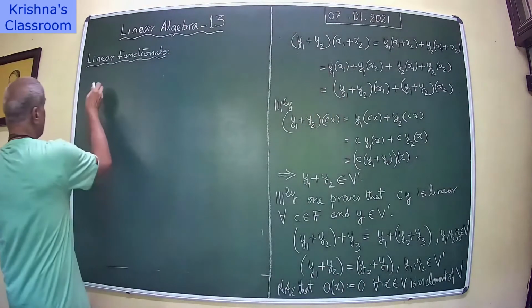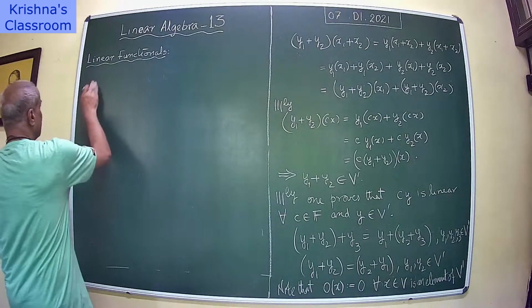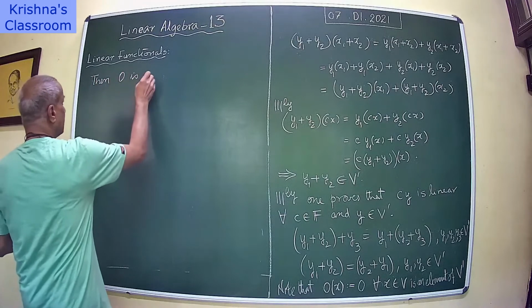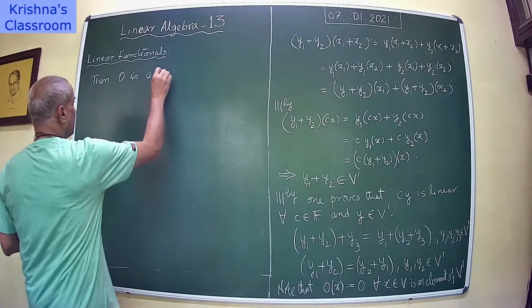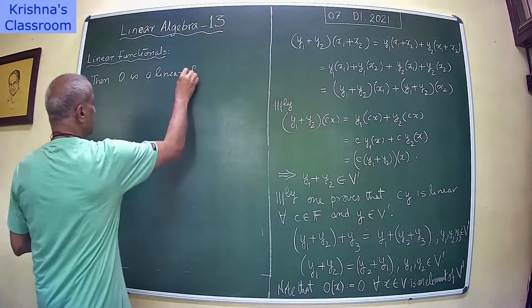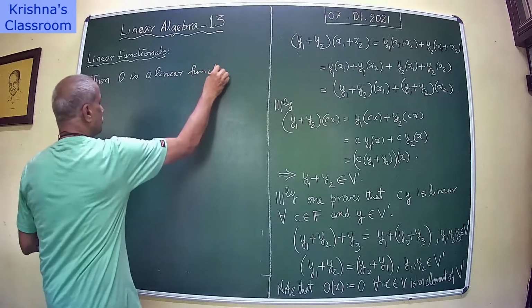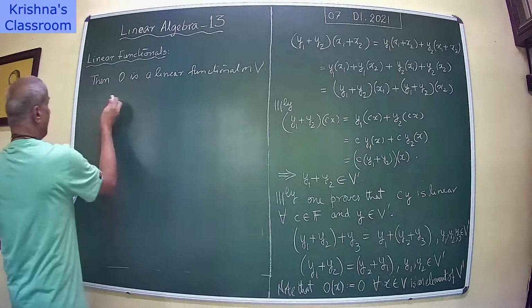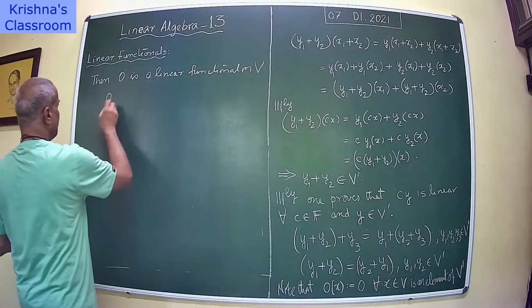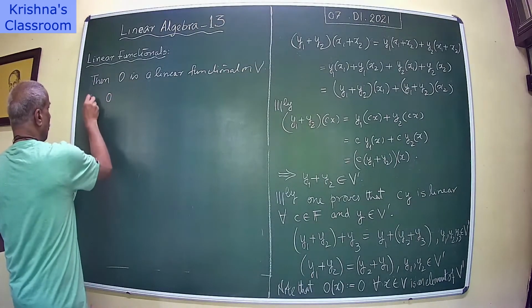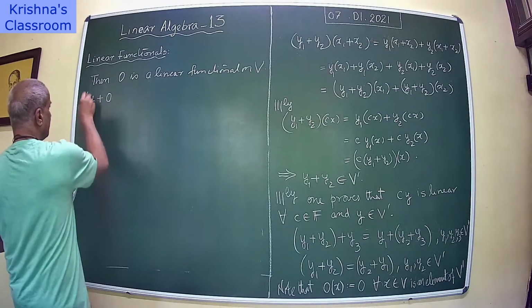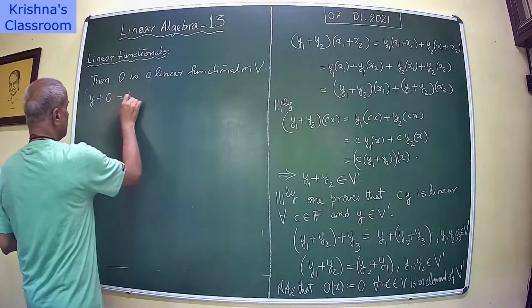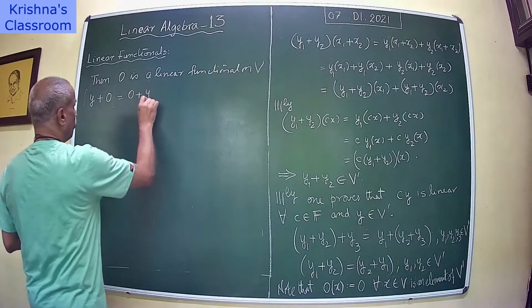Now, for y belonging to V prime, y plus 0 is equal to 0 plus y, which equals y.